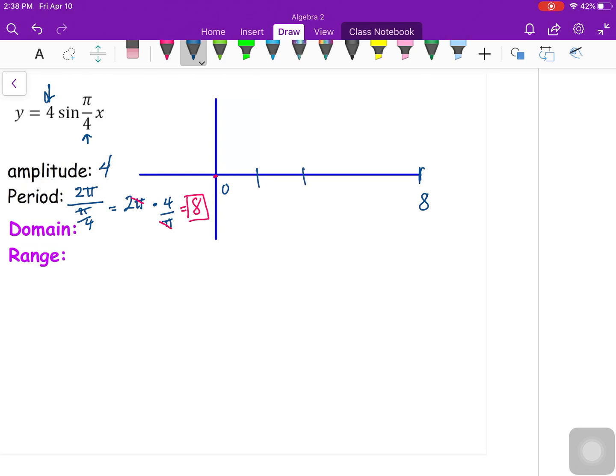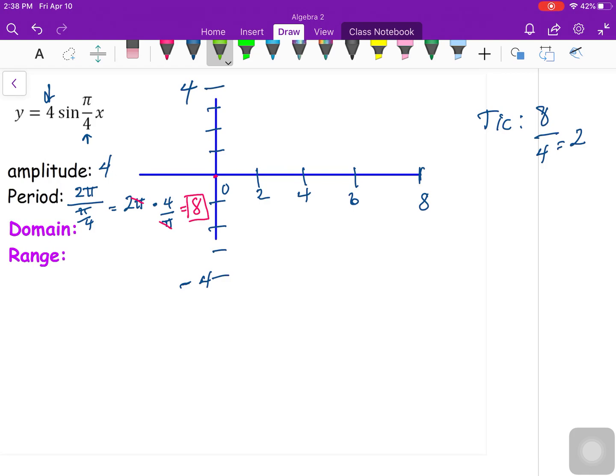And I need to divide that into fourths. So every tick mark, my period is 8, I need to divide it into fourths, is 2 away. So this is 2, 4, 6, 8. My amplitude was 4. 1, 2, 3, 4. And 1, 2, 3, 4 down.